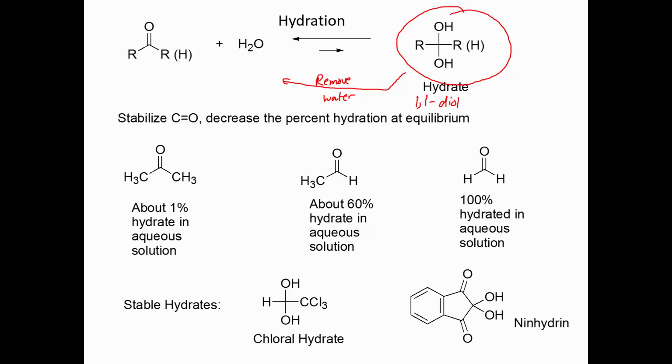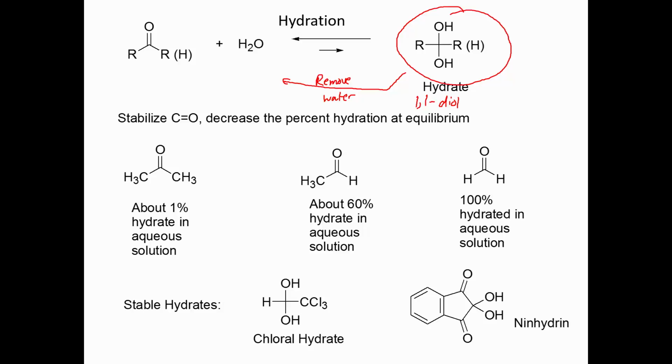Okay? All right, so the type of carbonyl group you have, the degree of hydration kind of reflects the relative stability of the carbonyl group. So a ketone is hydrated to only a very small extent, even when it's completely dissolved in water.